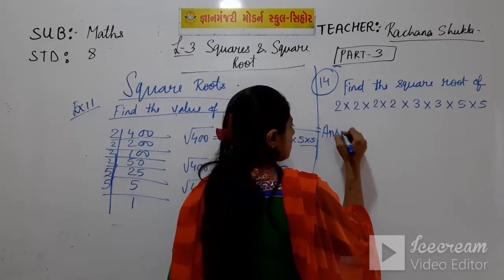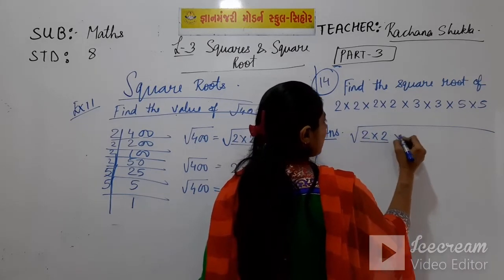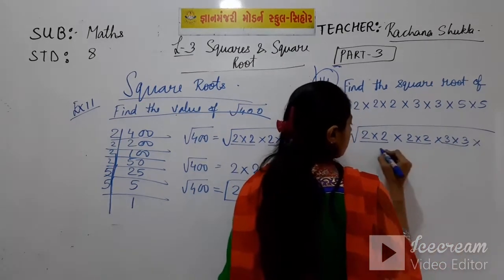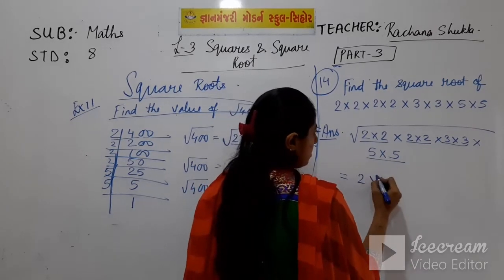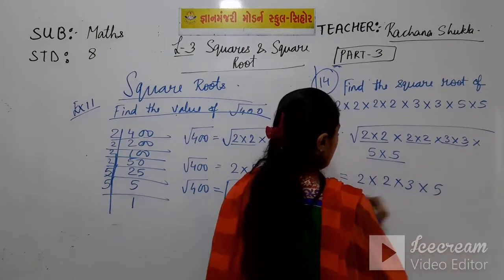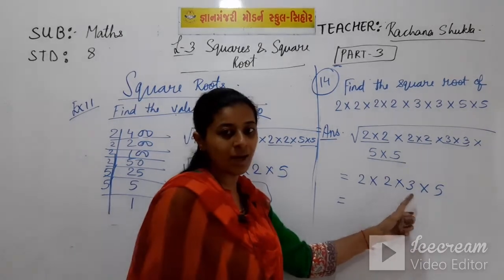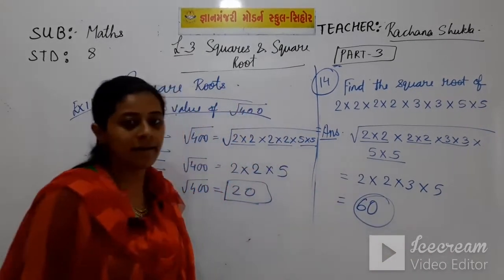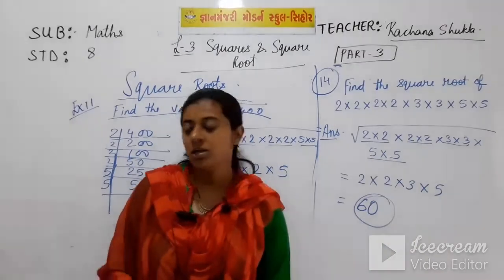Your answer is root, put in pairs like this way, and then take out one common number from each pair, and that will be your answer. 2 2s are 4, 4 3s are 12, 12 5s are 60. 60 will be your answer. Directly the prime factors are given. You have to put in pairs and find out the answer.